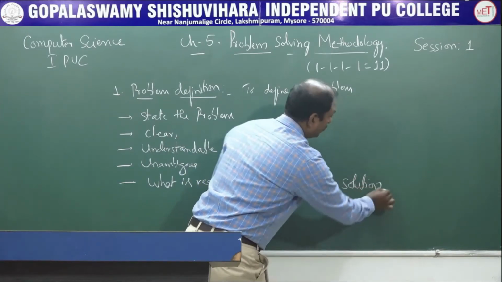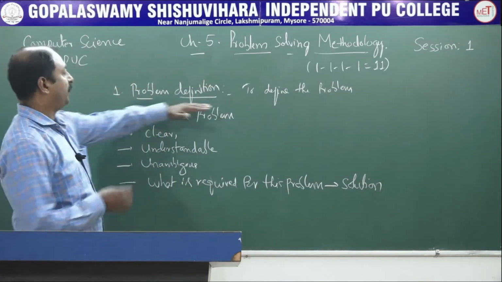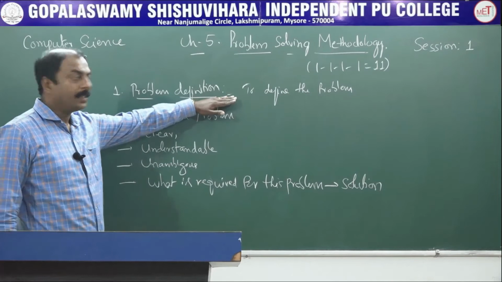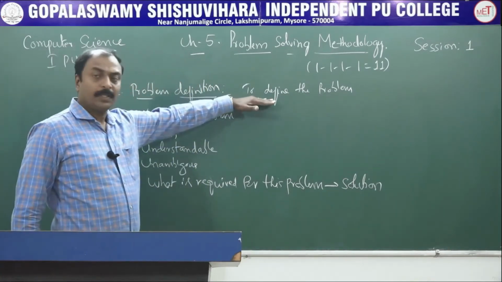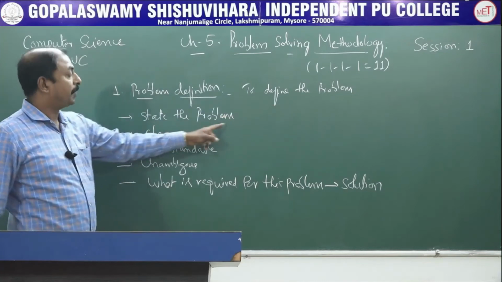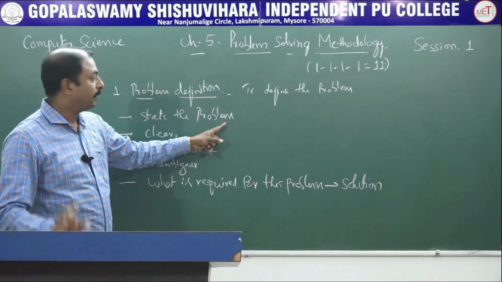In order to get a proper solution, students, problem definition is nothing but to define the problem. What do you mean by define the problem? We have to state the problem, or mention what exactly the problem is.